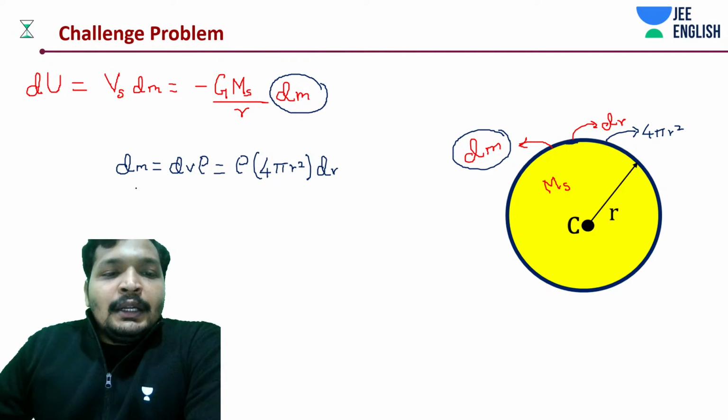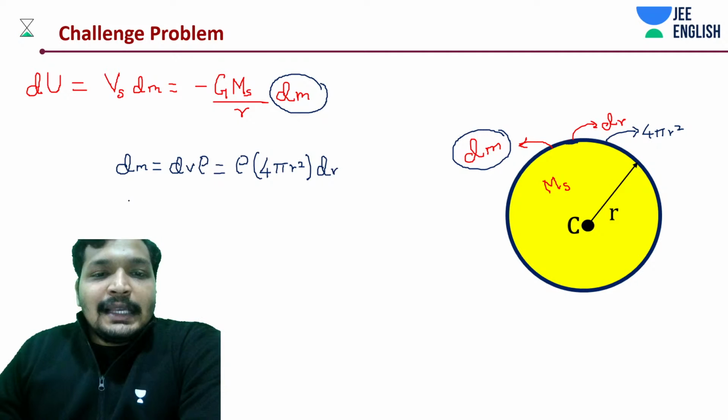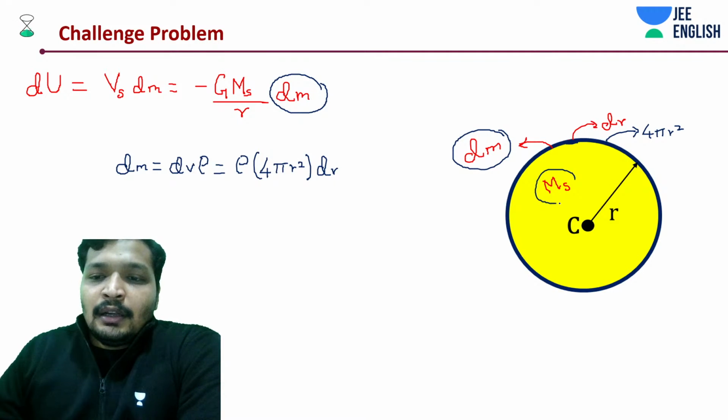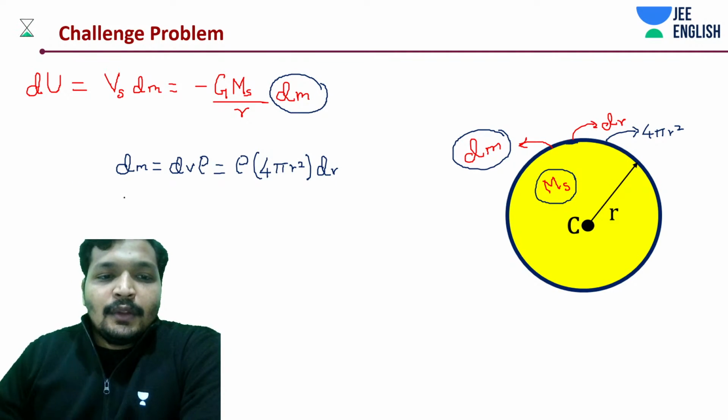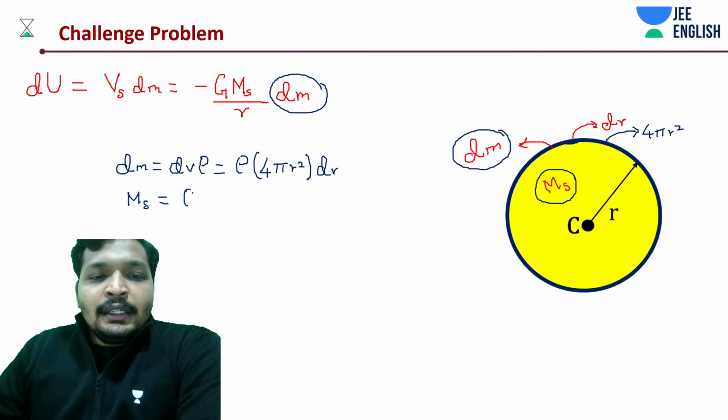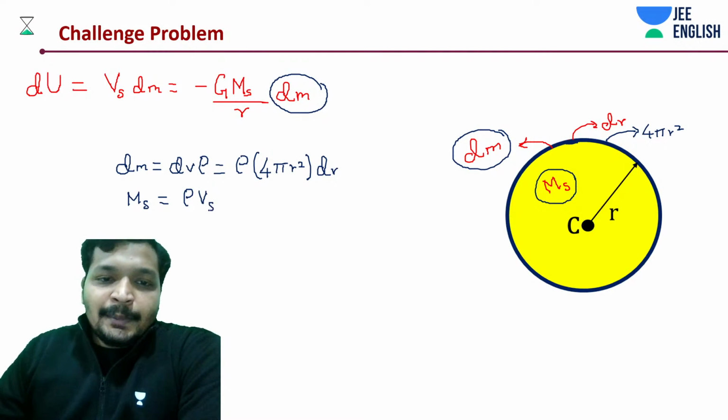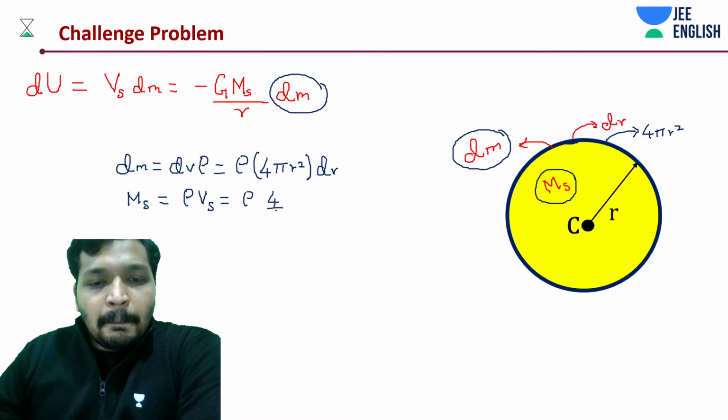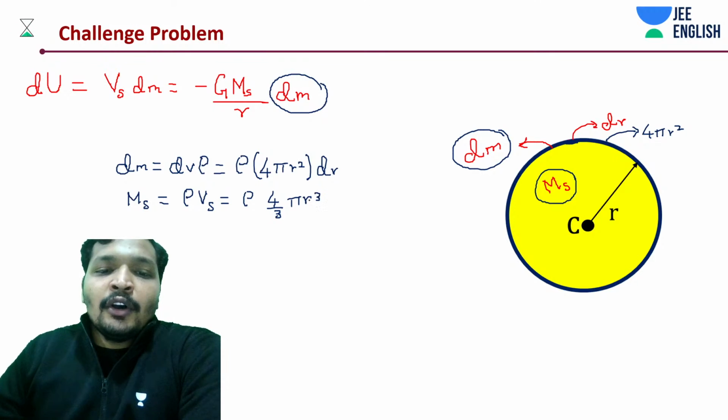Now the next thing is this mass Ms. This mass Ms is going to be how much? Rho into again the volume of that sphere, which is how much? 4 by 3 pi r cube, small r cube.